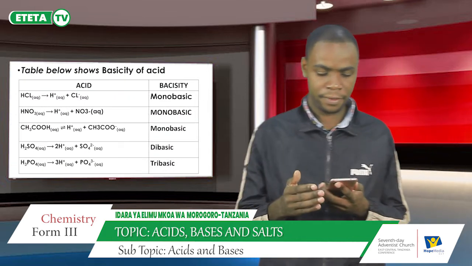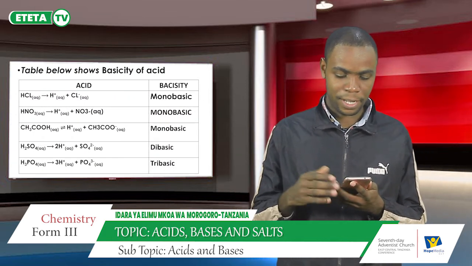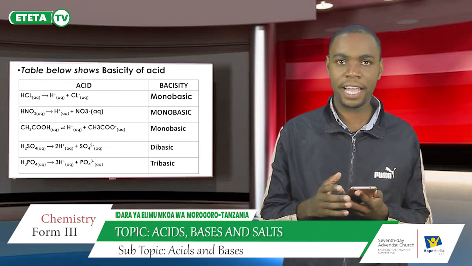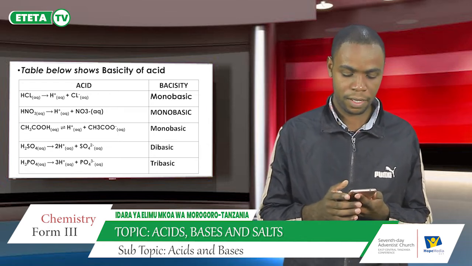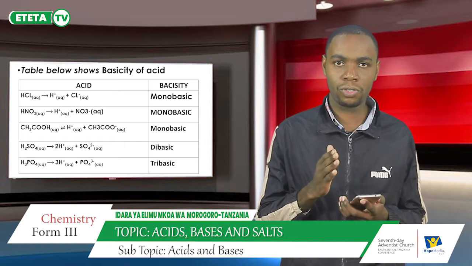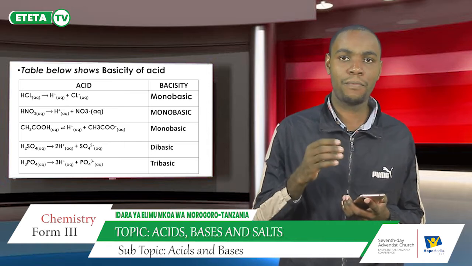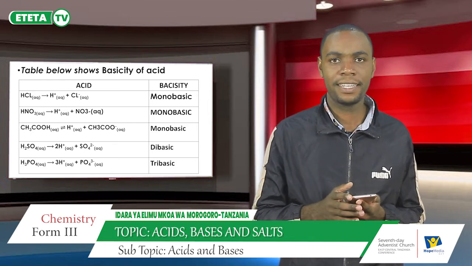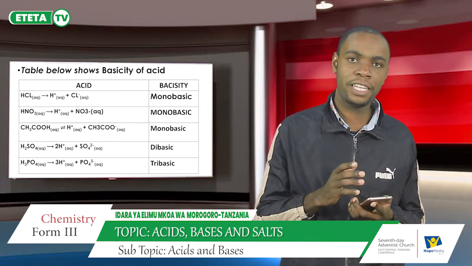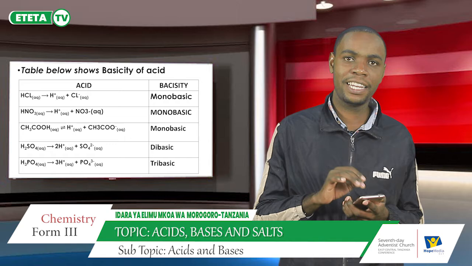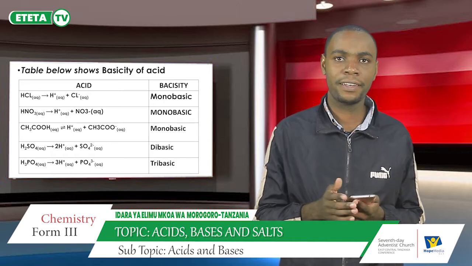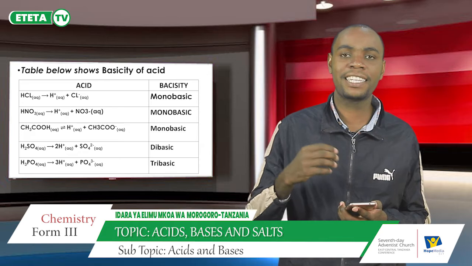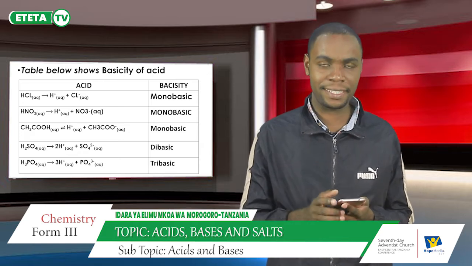Now we have some examples here of basicity of acid. The table below shows the acid and which kind of basicity it has. Hydrochloric acid: the number of hydrogen atoms present is 1, so hydrochloric acid is regarded as monobasic.